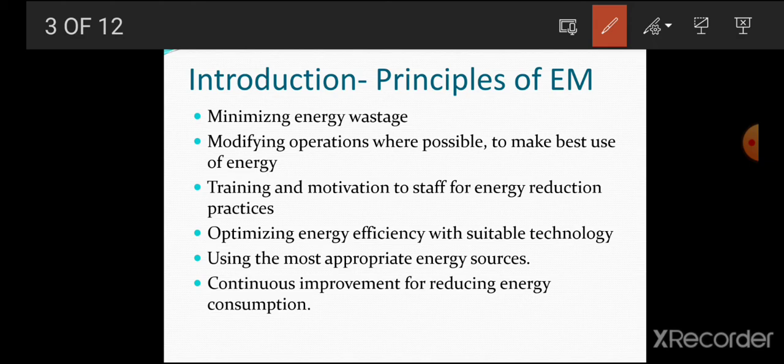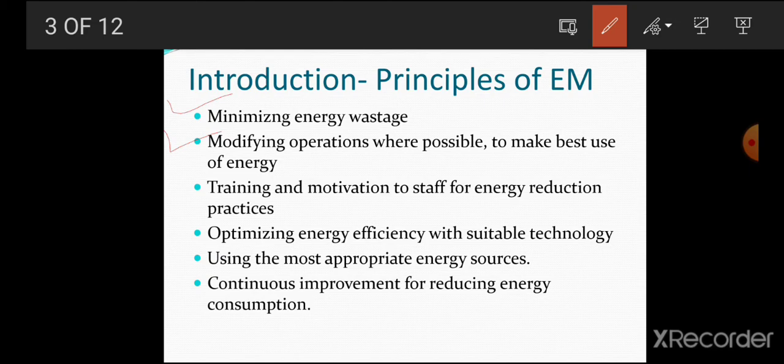So what are the principles? So principles are, how we can minimize the wastage of energy, by using more efficient lights like LEDs. So this all comes under how we can minimize the wastage of energy. Then second, modifying operations where possible to make best use of energy.